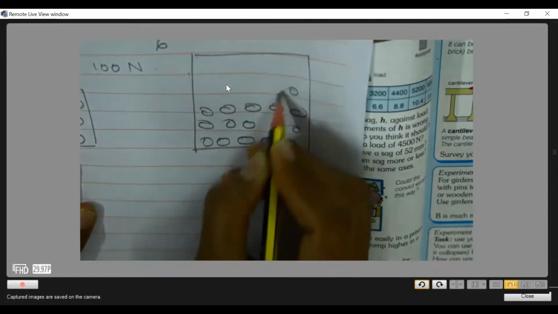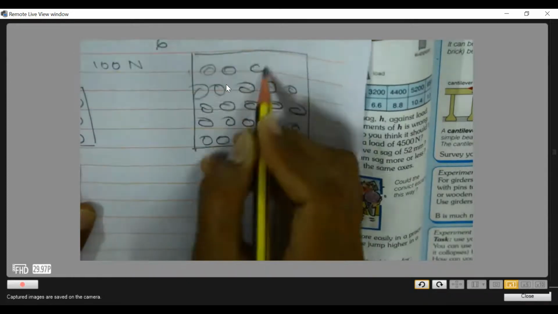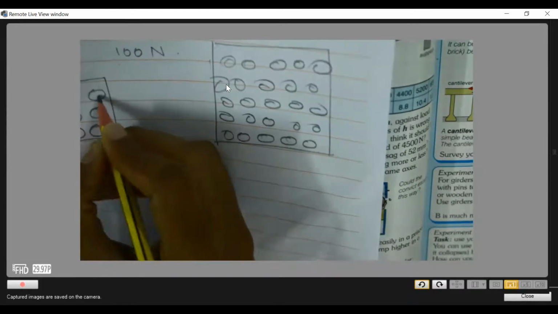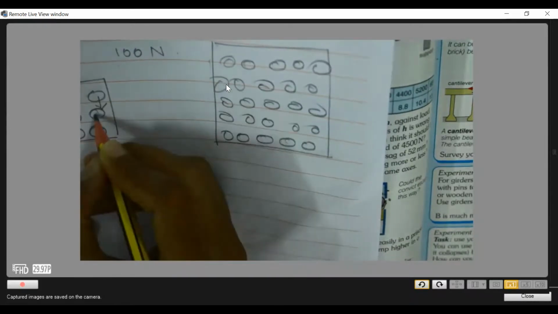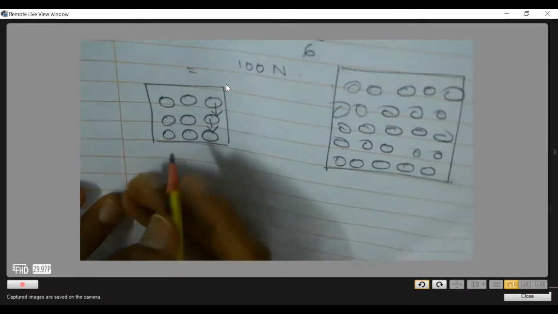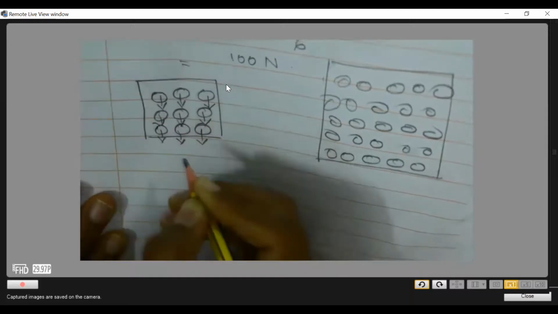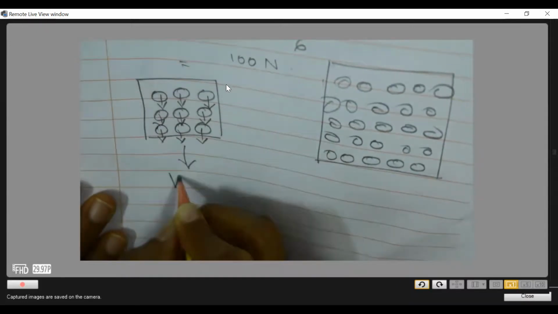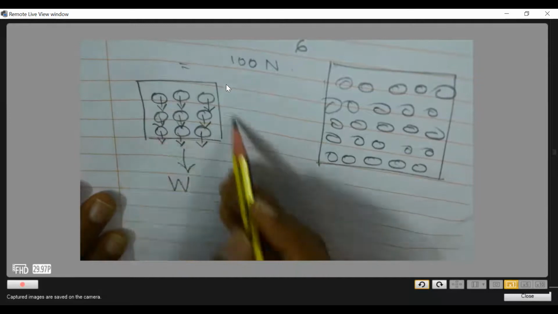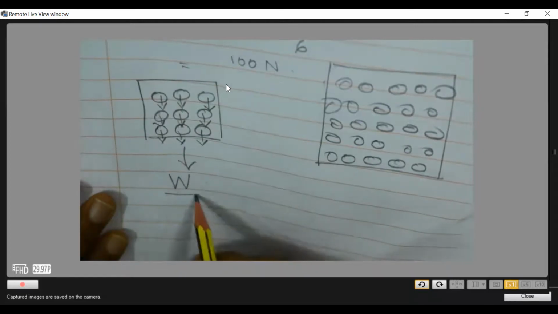I don't have time to draw all of the atoms, but you get the point. Now, each atom is getting pulled by gravity. If I add all these pulls, what I get is its weight.